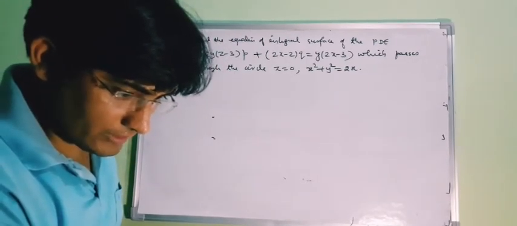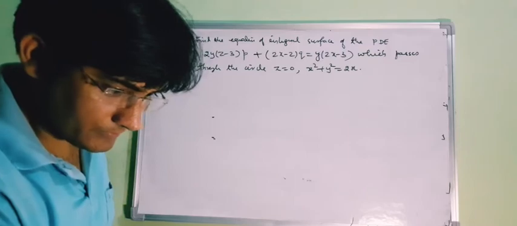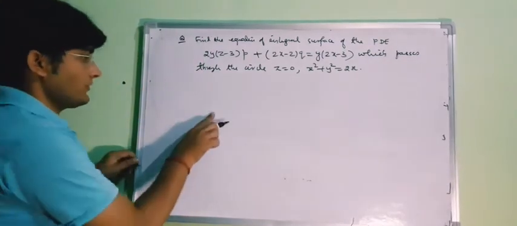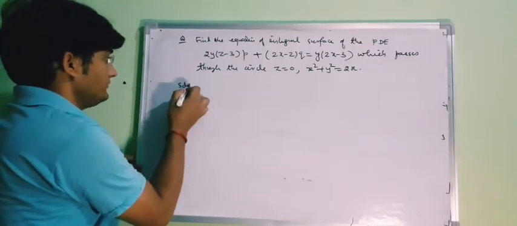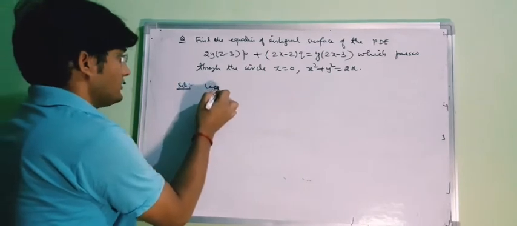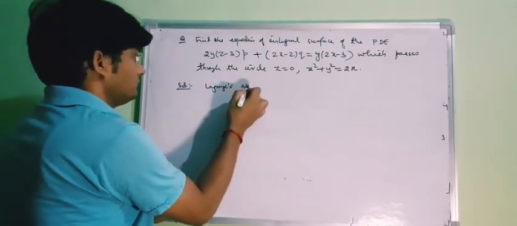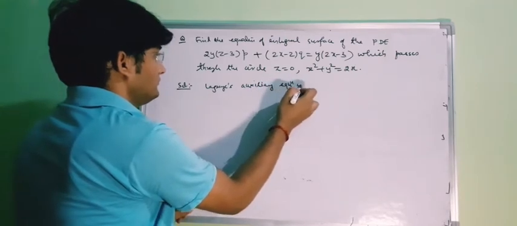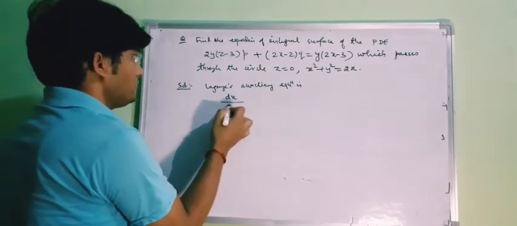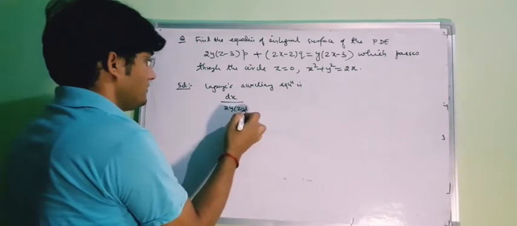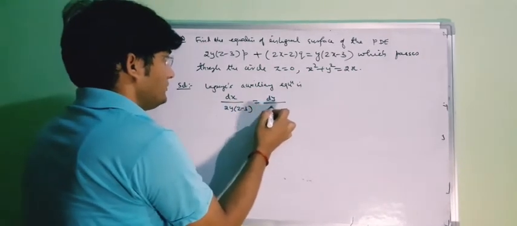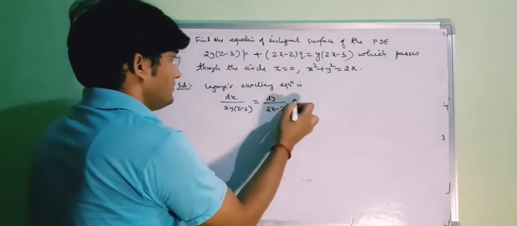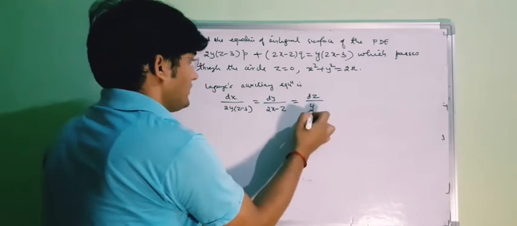So let us find out its solution. Solution: Lagrange auxiliary equation is dx upon 2yz minus 3 equal to dy upon 2x minus z cube and dz upon y(2x minus 3).